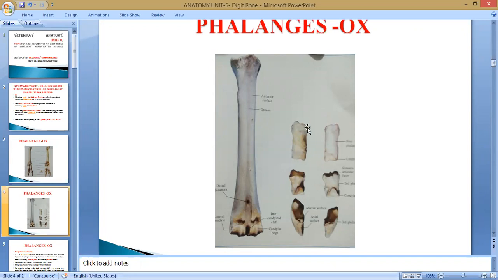The proximal extremity contains two articular surfaces like this one. You see here, this is visible in the second phalanx. Two articular facets for the distal end of the metatarsal. And we will see this in a later video, after the classes, when we have the live bones with us.